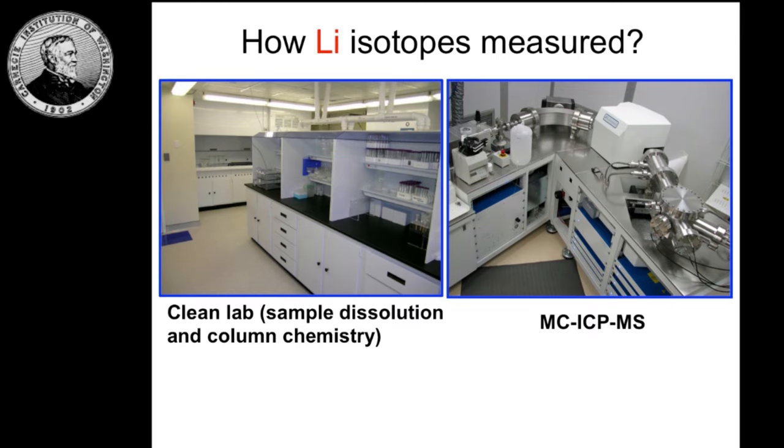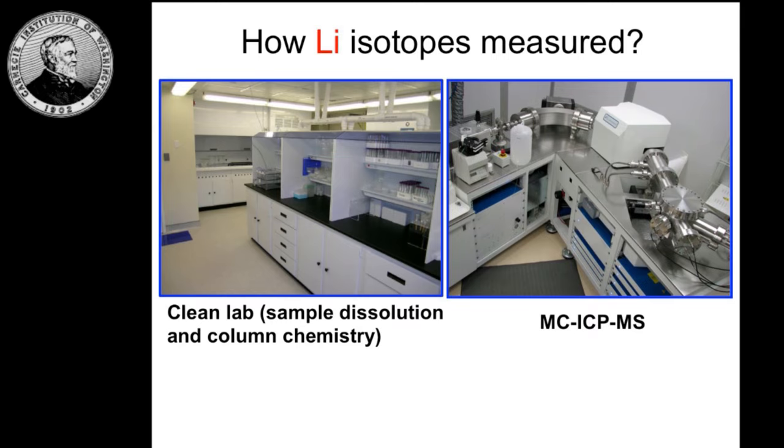Then we do laboratory experiments for sample dissolution, where we use very strong acids like hydrofluoric and hydrochloric, and all the very dangerous acids to dissolve the rock or water sample, anything you want, basically. And then for isotopic study, we need to purify the solution because we only want the isotopic system of interest, in this case lithium.